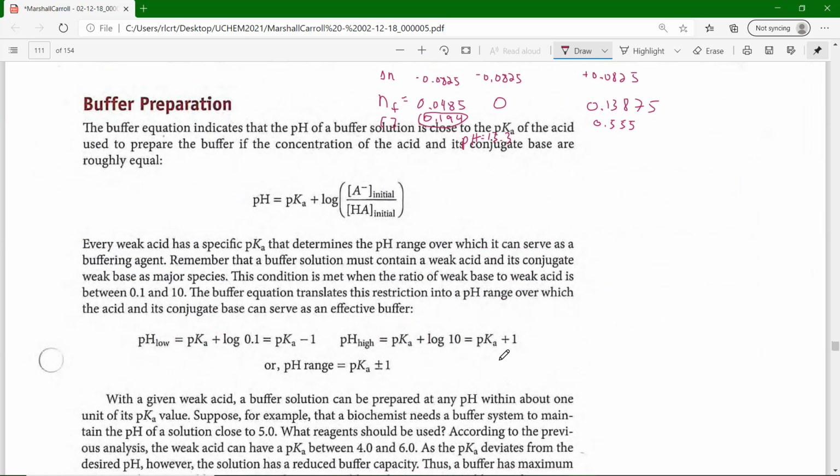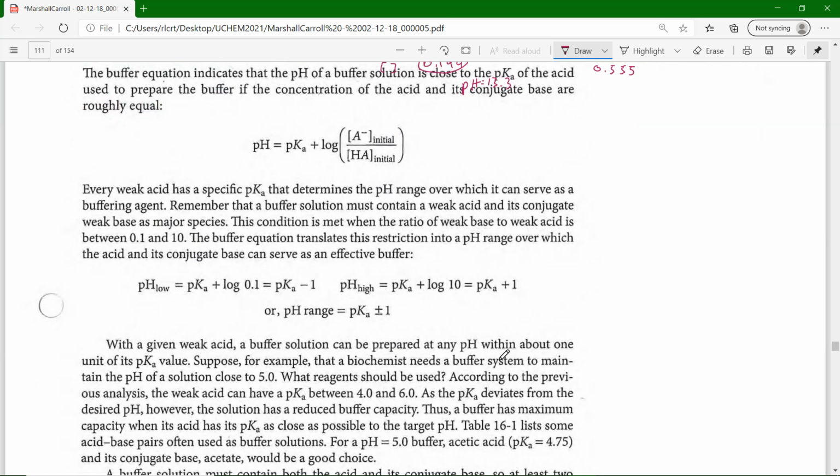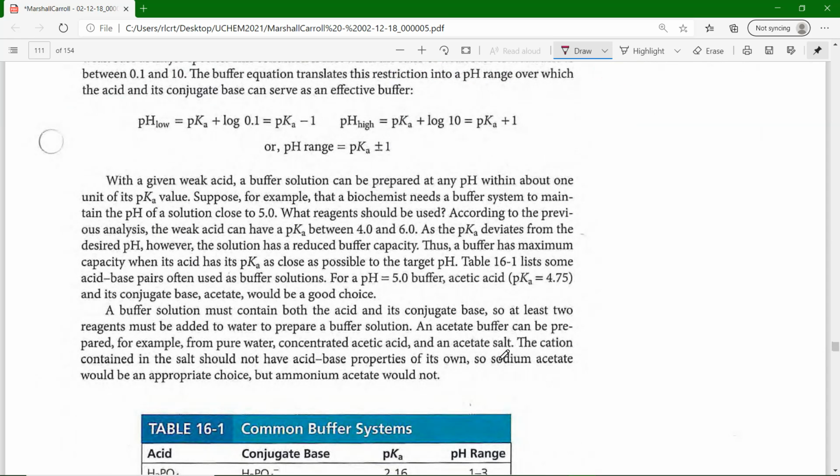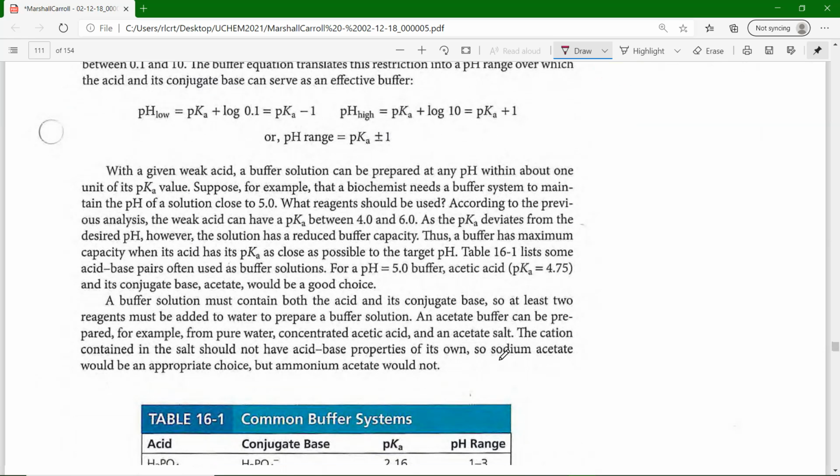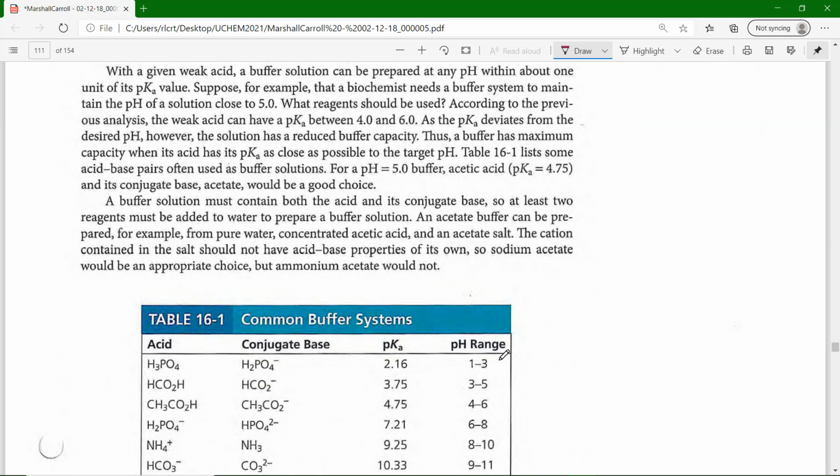Okay, so buffer prep, we've mentioned it, we've done examples. I already said that the pH range should be within pKa plus or minus 1. Best capacity is when the target pH and the pKa of the acid you choose in the buffer are as close to each other as possible.